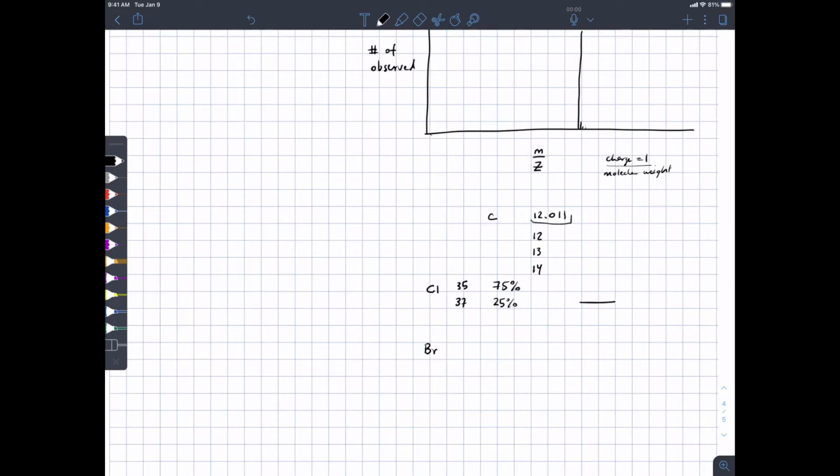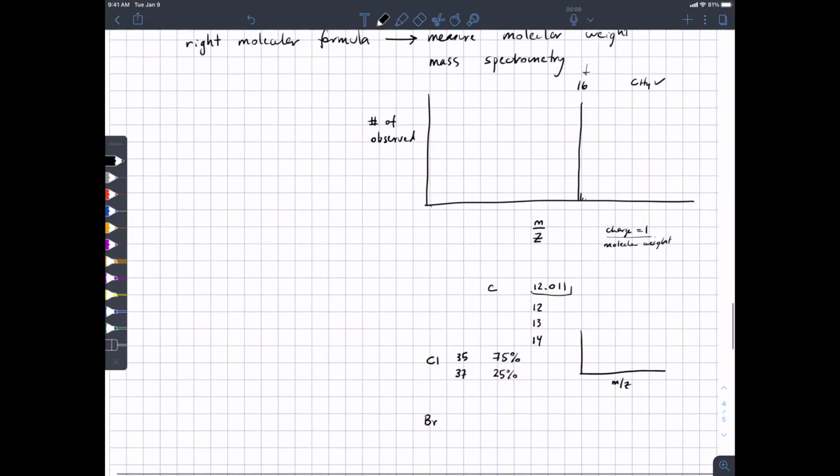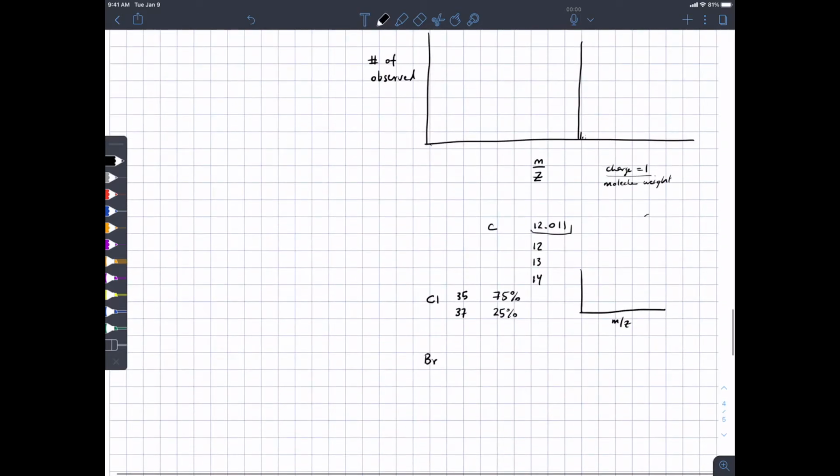So if you have a molecule that has chlorine in it, suppose it were, let's try to make this easy on my brain, CH3Cl. Already 15 plus 35, 50, yes? So you would see a peak at 50, and then you'd see another peak at 52.